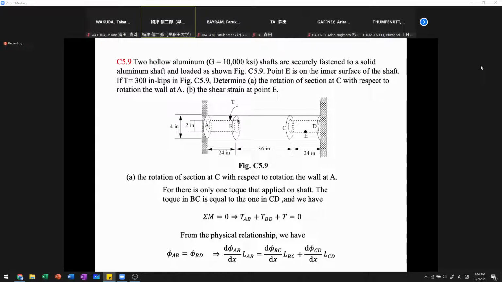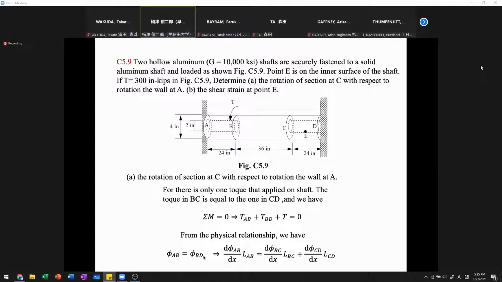A is fixed, and B is twisted, rotated. Then the angle of AB must be equal to the angle of BD. If that is not correct, D or A must be moved. However, that does not happen, so phi AB equals phi BD.